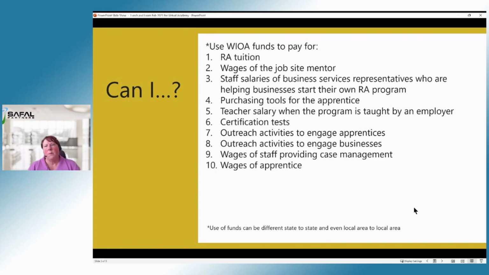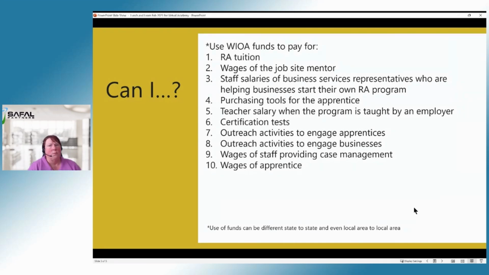And when they're helping a business to start their own registered apprenticeship program, they could be doing things like actually helping to facilitate a meeting with the local community college to help set up the curriculum for the registered apprenticeship program.